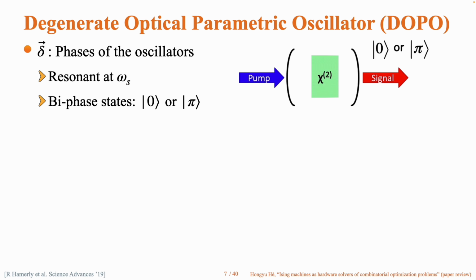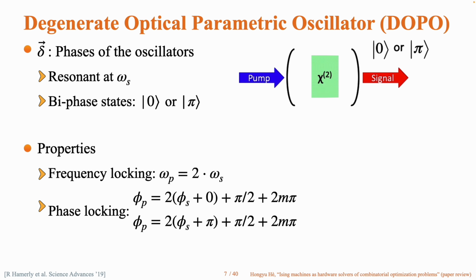This is a single DOPO spin device, and we have two key properties enabling us to use them as the physical system. One is the frequency locking, which means that we have a pump, like a laser, providing additional energy to the system, and the spins are resonating at half of the frequency, and we have a phase lock.